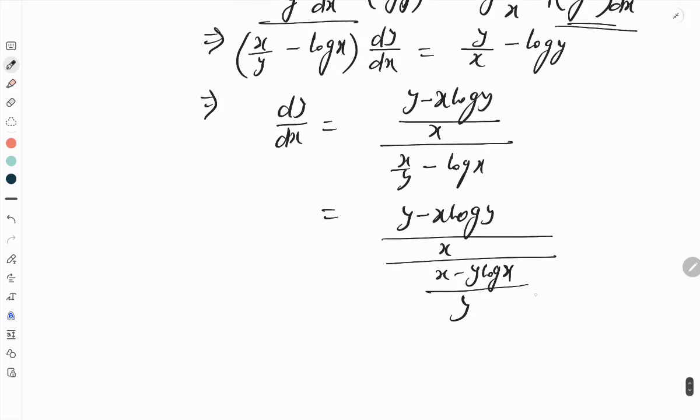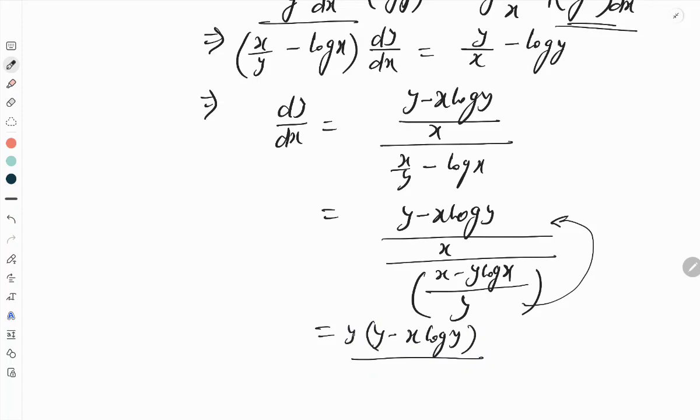So this will be flipped, in multiplication, this one divided by this one. So y minus x log y into y, and here the numerator will be x into x minus y log x. This is the answer.